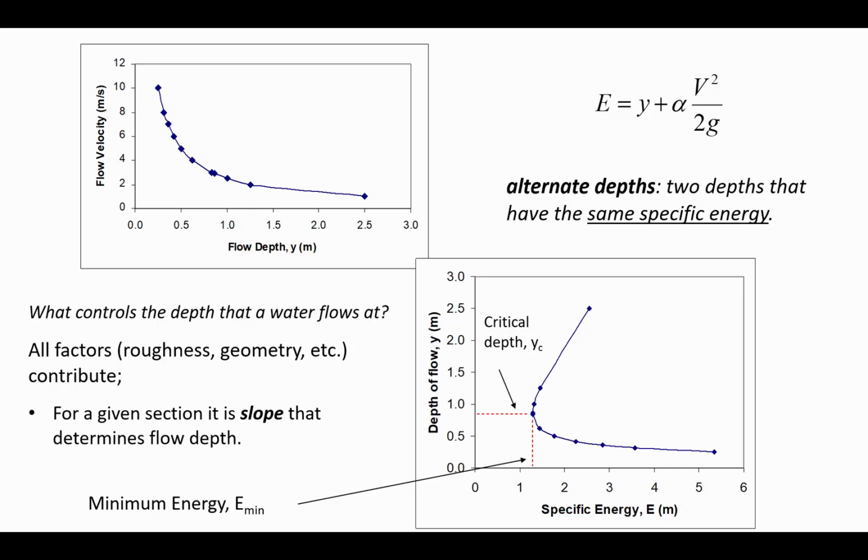And actually water does that after flowing over a spillway, like at a dam. It's got a lot of energy, and then it can't sustain that fast-moving, shallow, supercritical flow, so it jumps up to its alternate depth through a hydraulic jump. So it's a really interesting phenomenon, but you can predict what the alternate depth is going to be with this specific energy diagram.